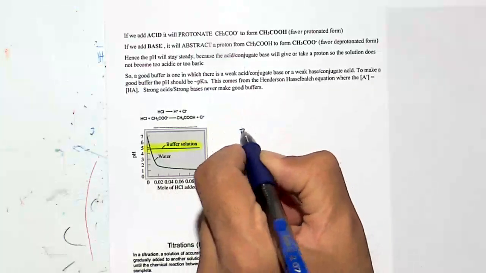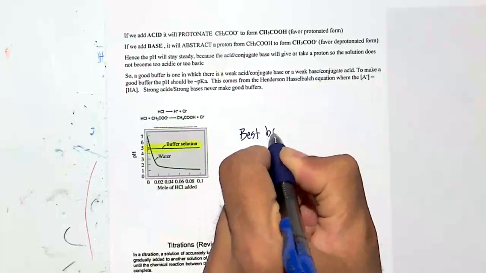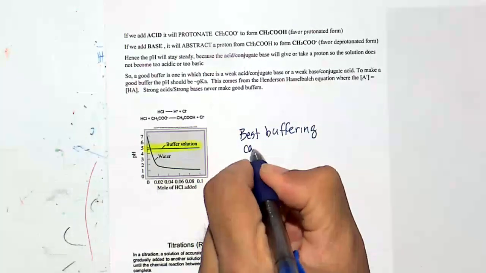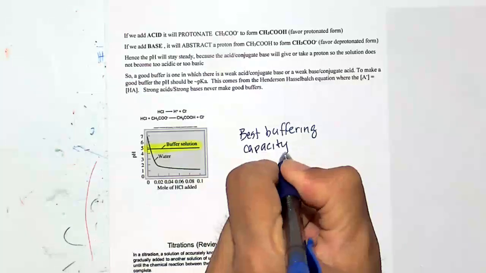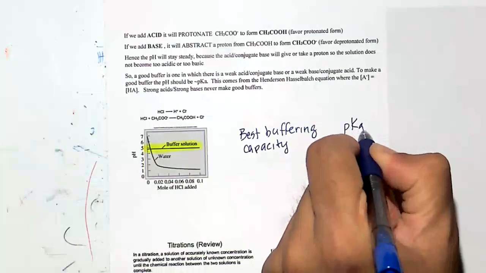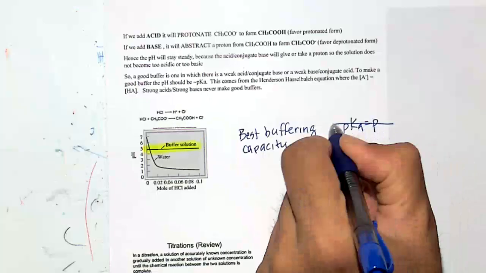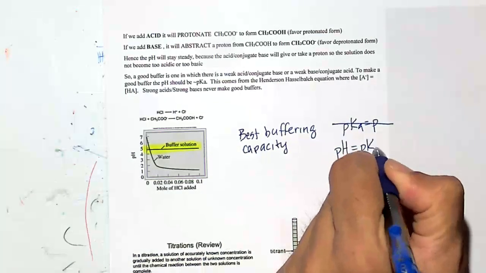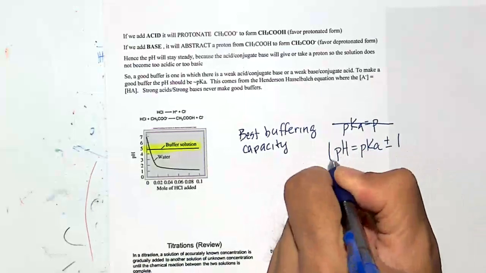And the best buffering capacity is when your pH is equal to pKa plus or minus 1.